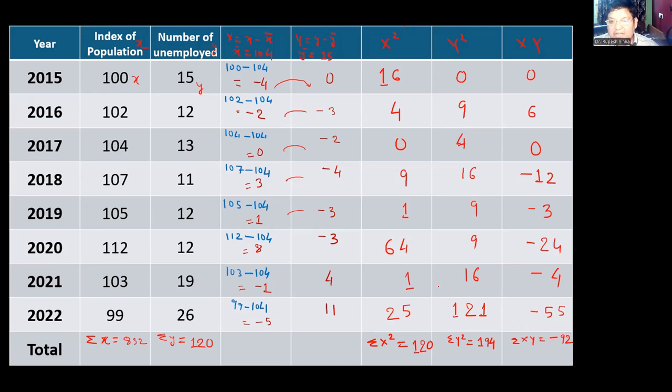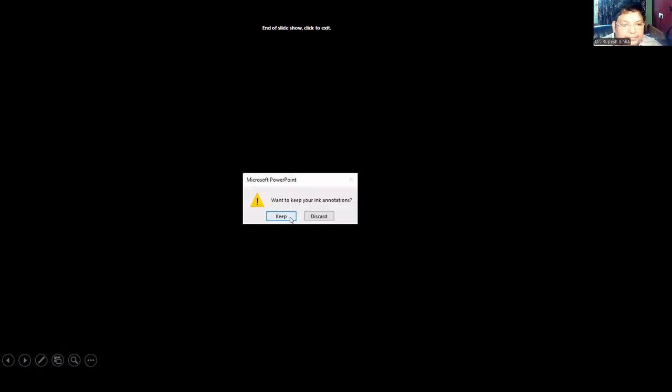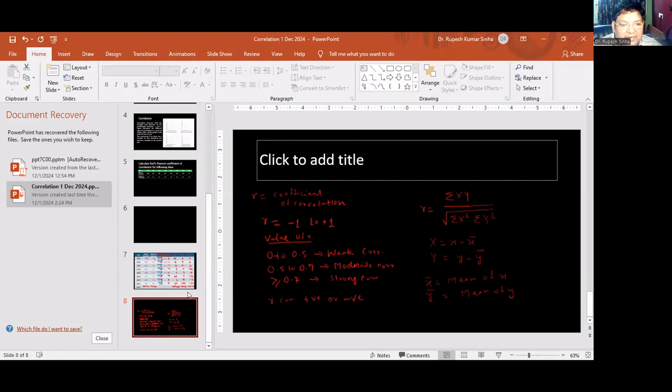Now we got everything. We are going to put these values in to calculate the value of R. So we will calculate the value of R and we will see what we are going to get as the answer. Let me go to another slide and I will write the formula and we'll put everything into the formula, right?